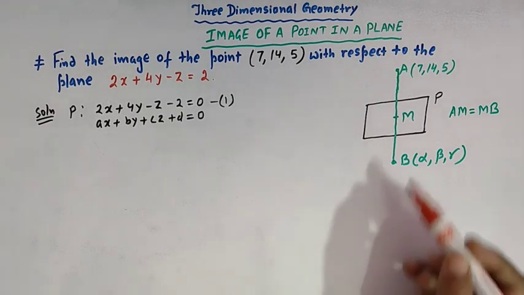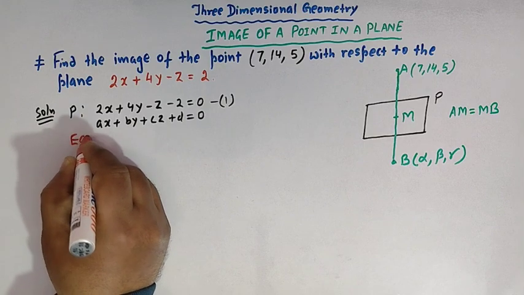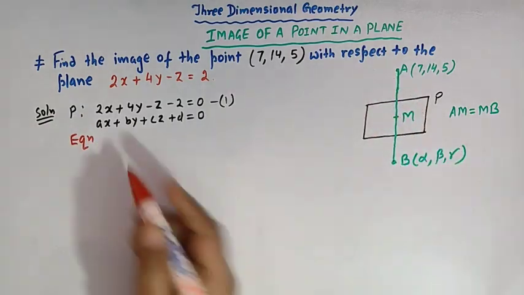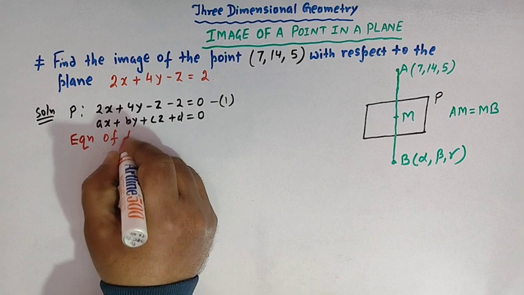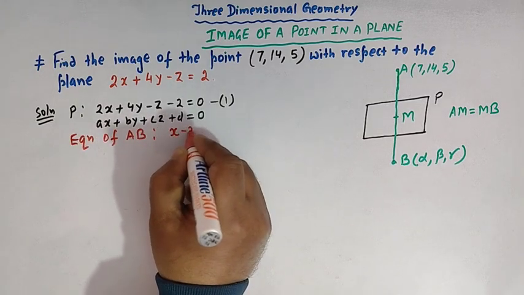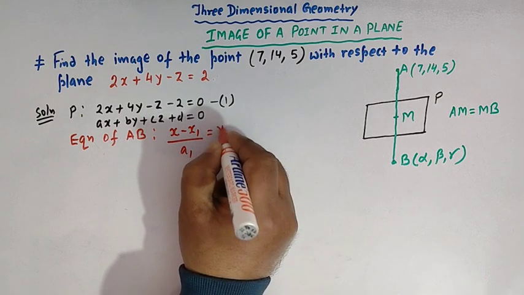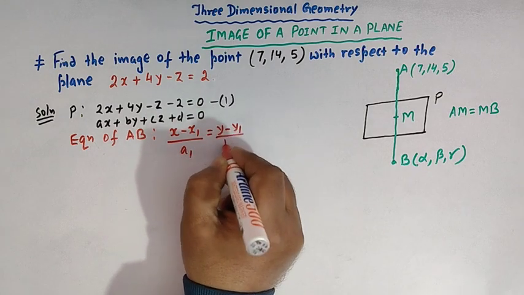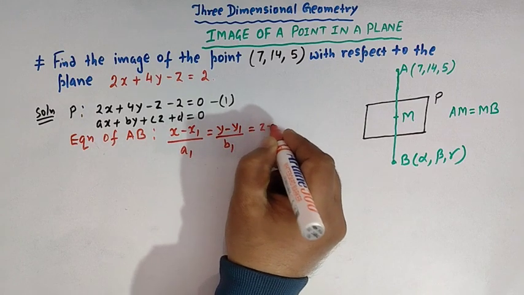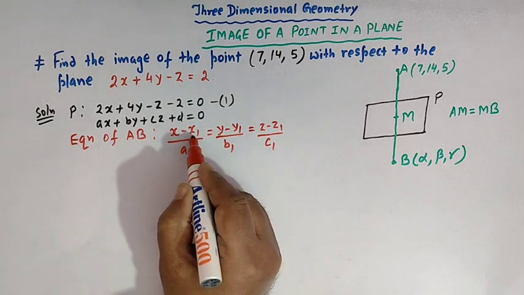Now let us first write the equation of this line AB. The equation of this line AB is given as (x - x1)/A1 = (y - y1)/B1 = (z - z1)/C1.